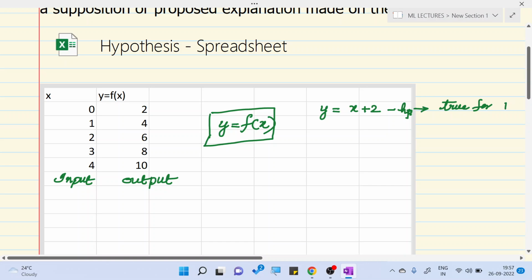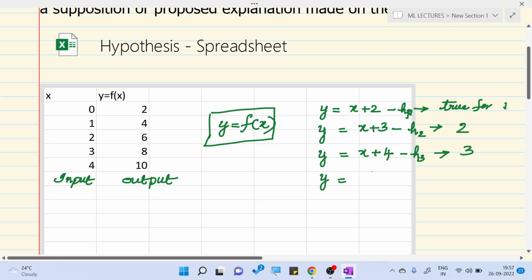the first example. Now seeing the second example, I can propose another hypothesis, y is equal to x plus 3, 1 plus 3, 4. Maybe we can call that h2. That is true only for example 2. Seeing example 3, I may propose x plus 4, that is h3. That is only true for example 3.